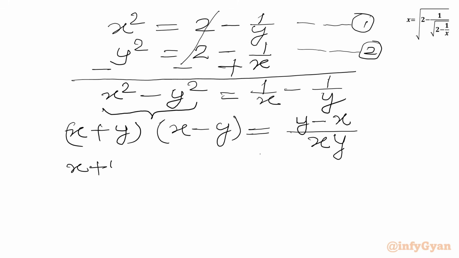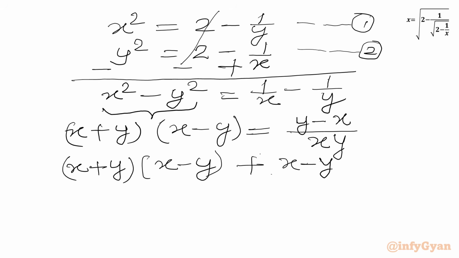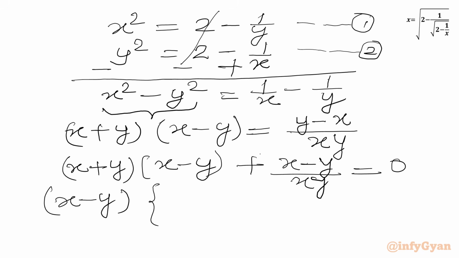We can write x plus y times x minus y plus x minus y over xy equal to 0. Now we have x minus y common. So let's take x minus y common and in the bracket we will be writing x plus y plus 1 over xy equal to 0.